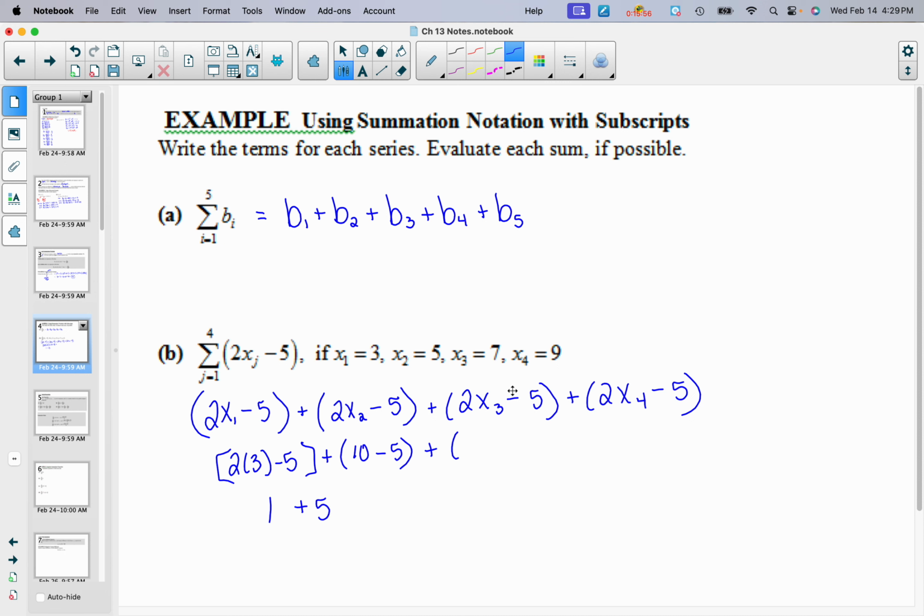Here I'm going to have 2 times 7, which is 14, minus 5, which is 9. And then last, 2 times 9, which is 18, minus 5, which is 13. And if you add these all up, you get 28. So not hard.